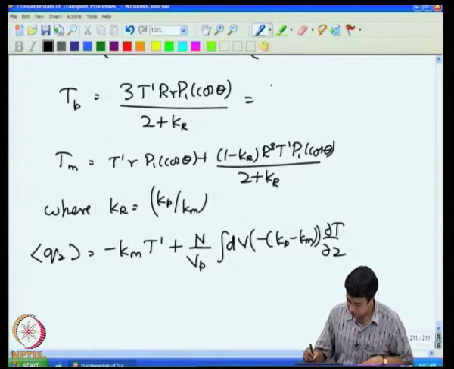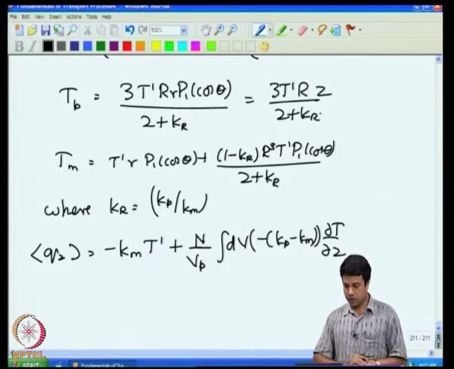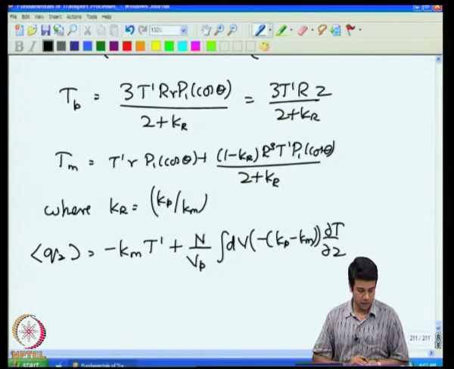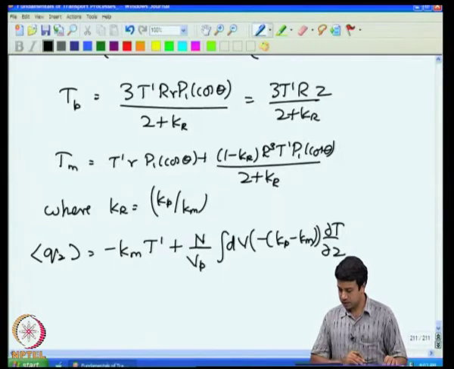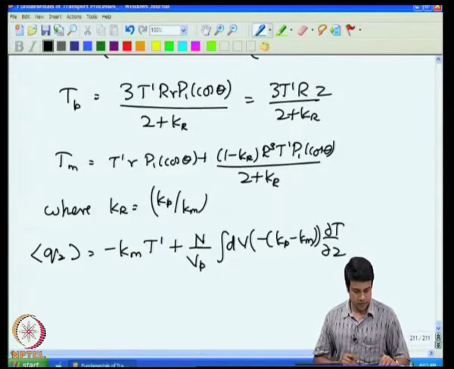For the particle, this can be written as follows. P1 of cos theta is cos theta itself. Therefore, R into P1 of cos theta is just Z itself.